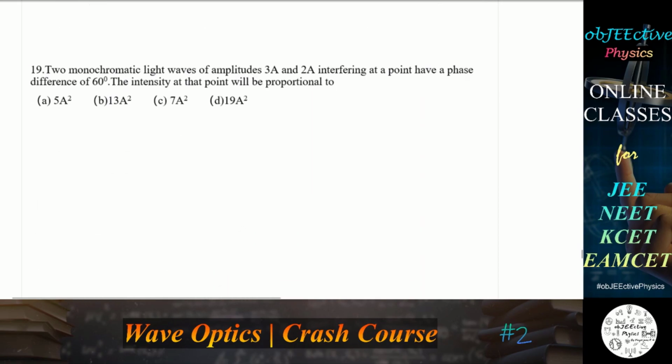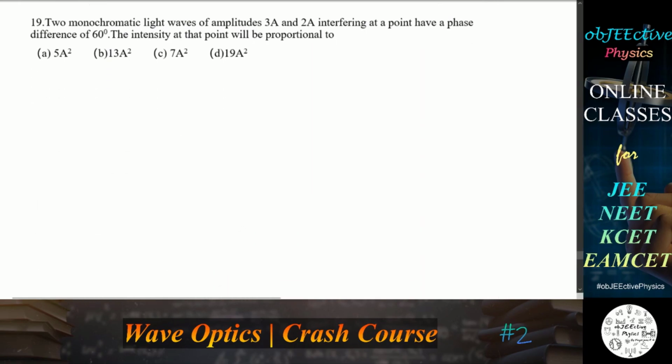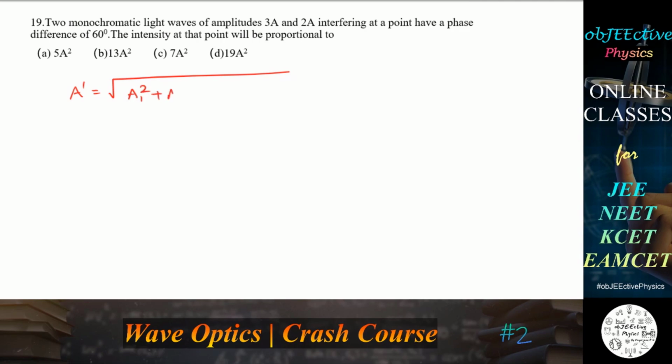Next question. Two monochromatic light waves of amplitudes 3a and 2a interfering at a point have a phase difference of 60 degrees. The intensity at that point will be proportional to, we know that resultant amplitude is equal to square root of a1 square plus a2 square plus 2a1 a2 cos phi.